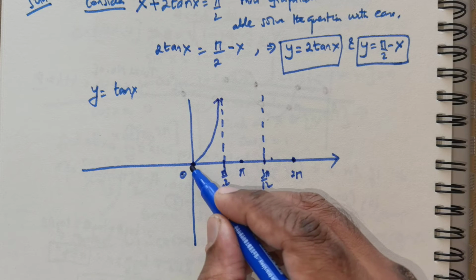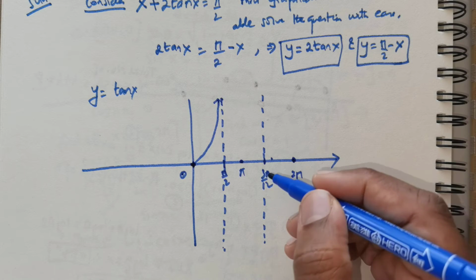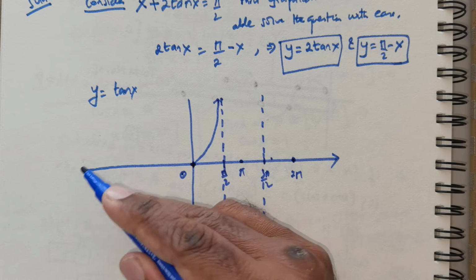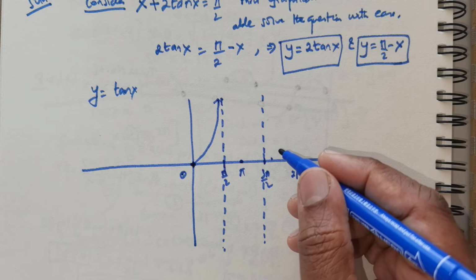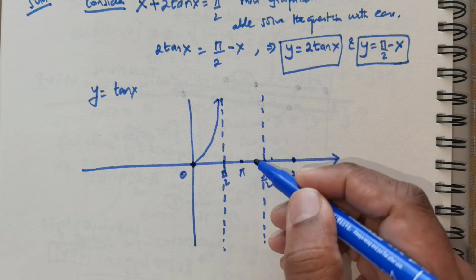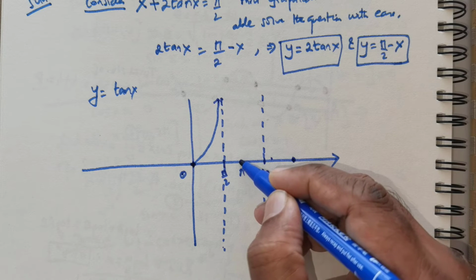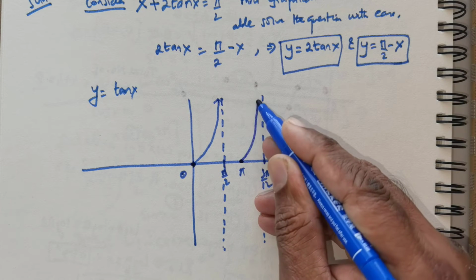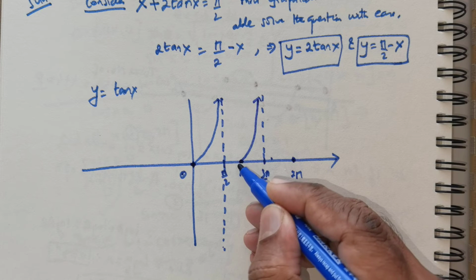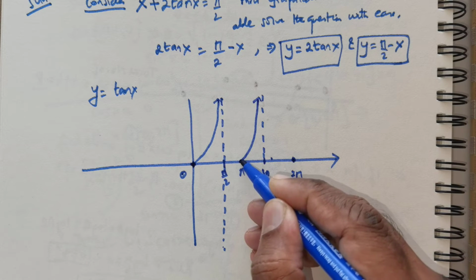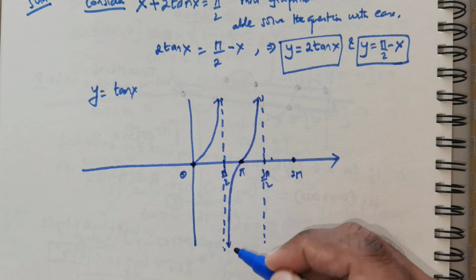Of course, the graph will then flow down, but I don't want to draw that point, because I would have to make the subsequent markings. Coming to pi, the graph will flow from pi like this and then flow down, since pi over 2 is an asymptote.